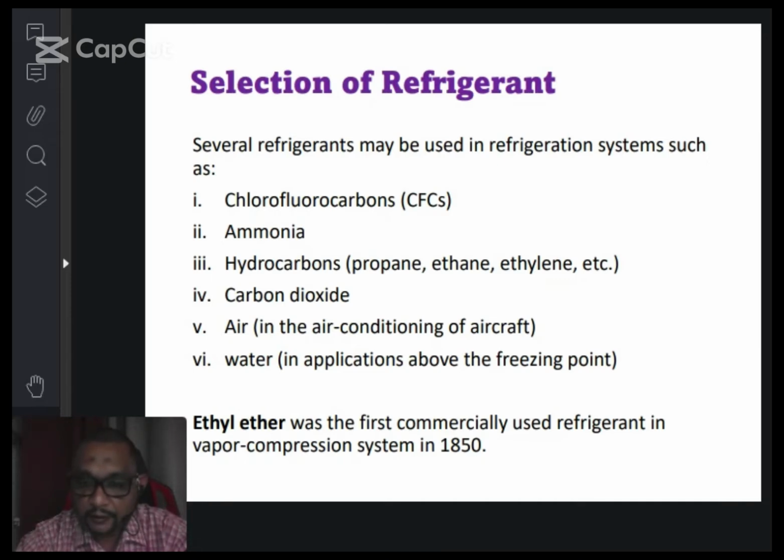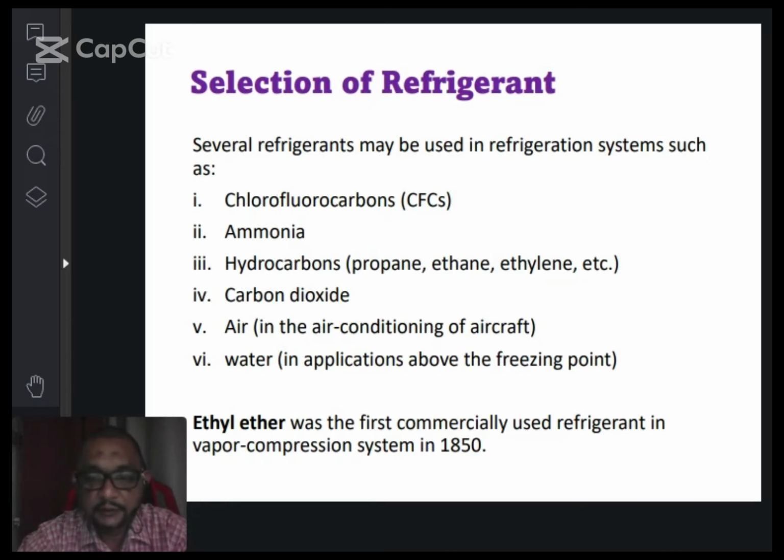This is all listed, the refrigerants that have been used previously. Number one, we can use chlorofluorocarbons, that means CFCs. We also can use ammonia. We also can use hydrocarbons, that means propane, ethane, ethylene, etc.